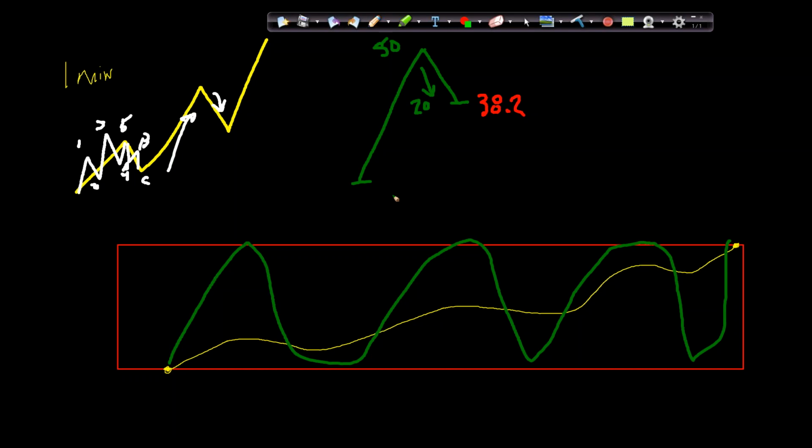So my question to you, if you had a choice between making 50 pips or making 20, which would you rather have?